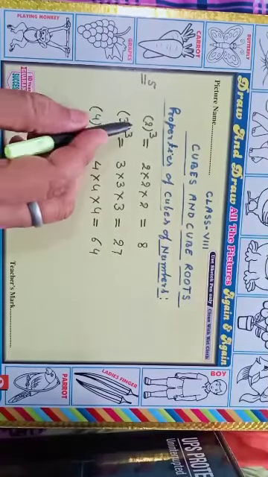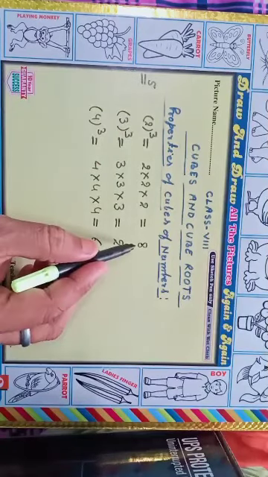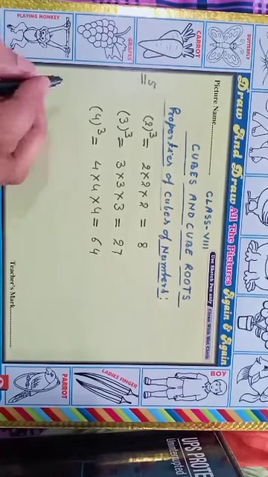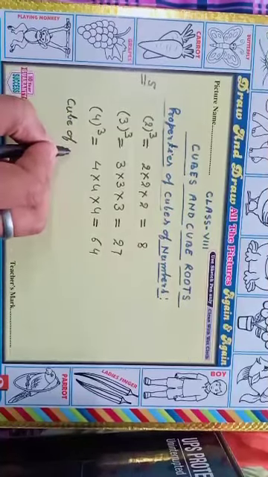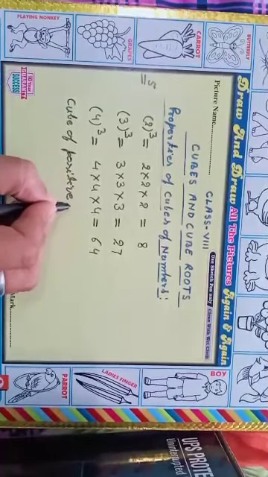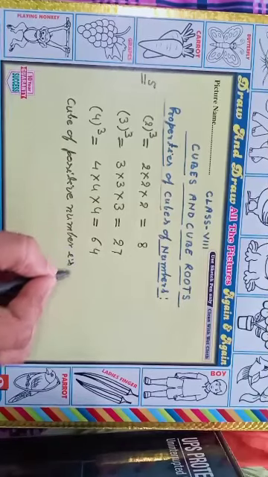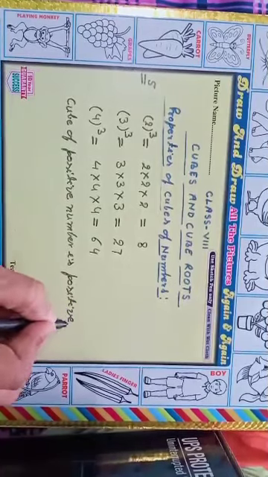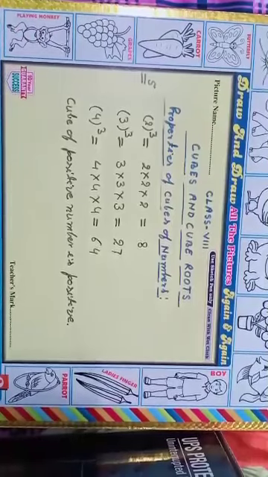Means 2, 3, 4 are positive numbers and their cubes are positive. 8, 27, 64 are all positive. Means the cube of a positive number is positive. This is the fifth property.